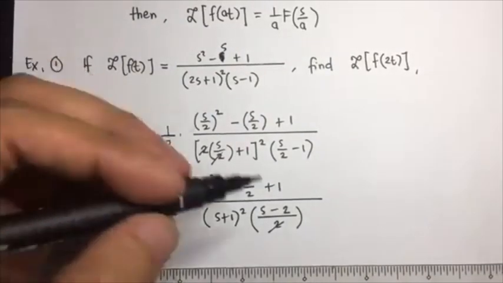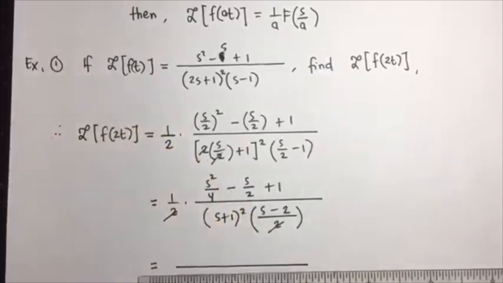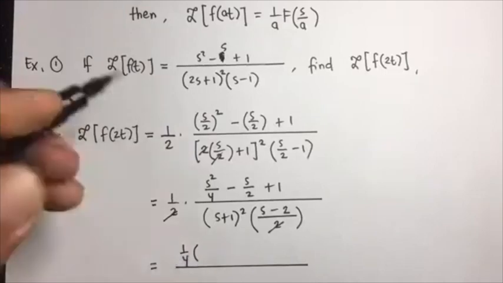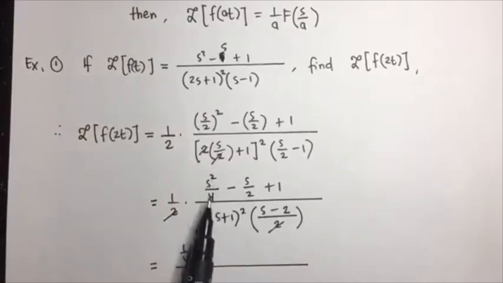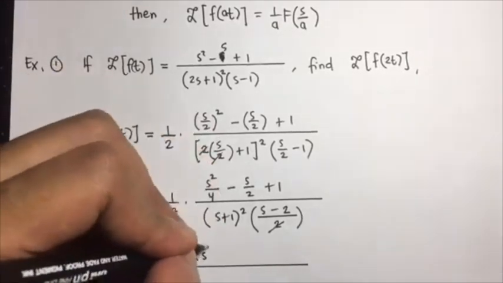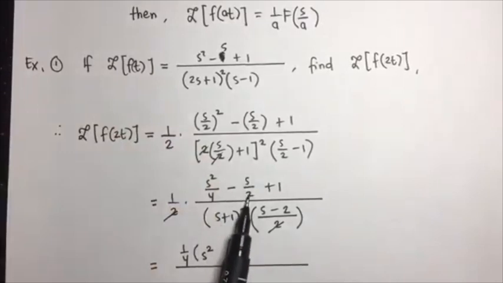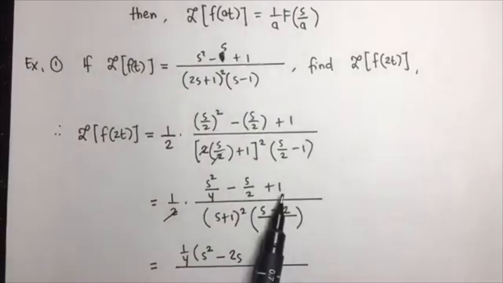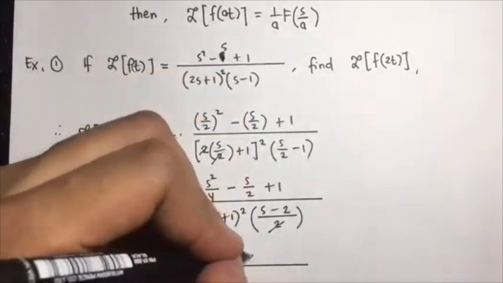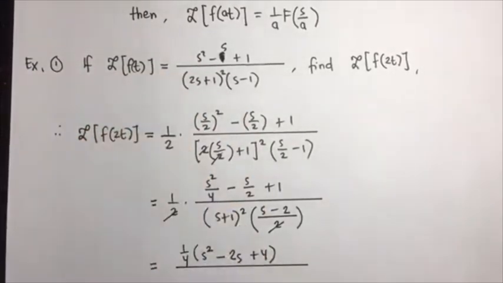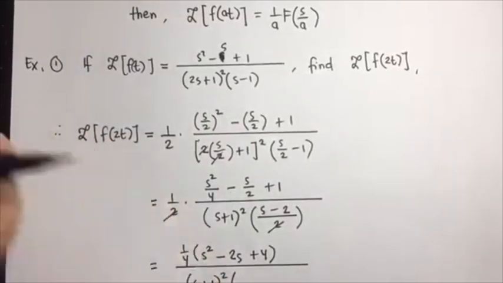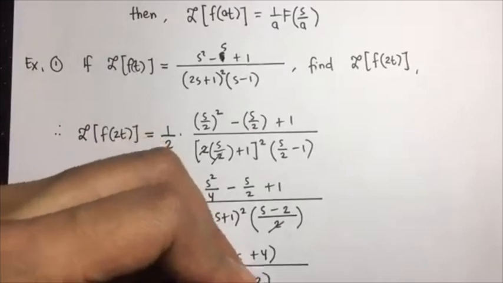So this will become 1/4 times, s squared over 4 divided by 1/4, that is s squared. S over 2 divided by 1/4 becomes minus 2s. 1 divided by 1/4 becomes 4, over s plus 1 squared times s minus 2.